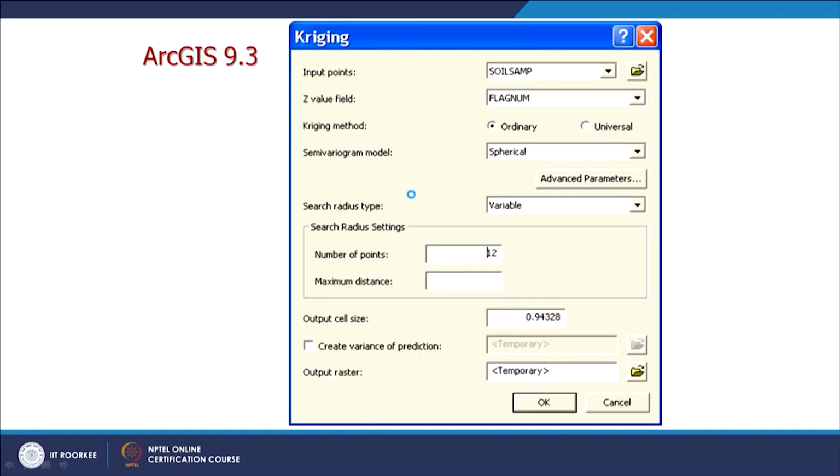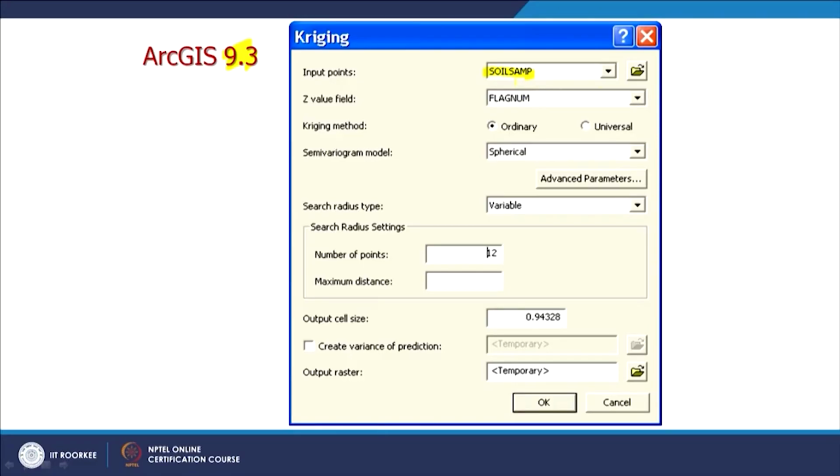Now if I take an example, though it is a little older version, it does not matter, because even in the latest version of ArcGIS almost the same options are available. Here I am taking as input soil sample data, and I may take a value here, say pH value.